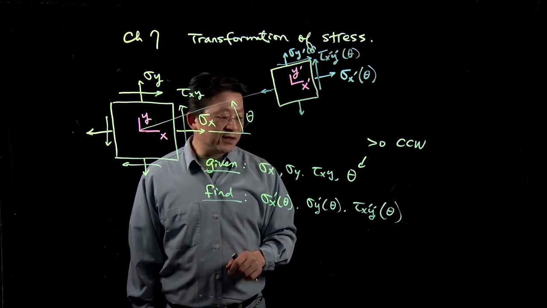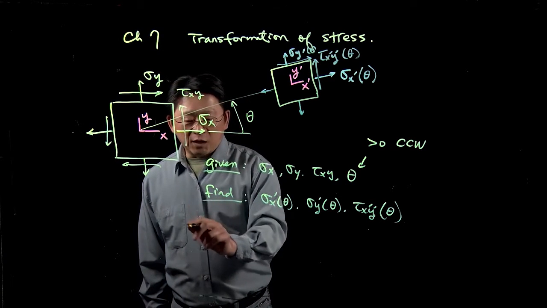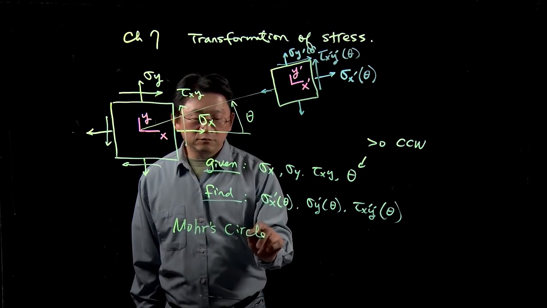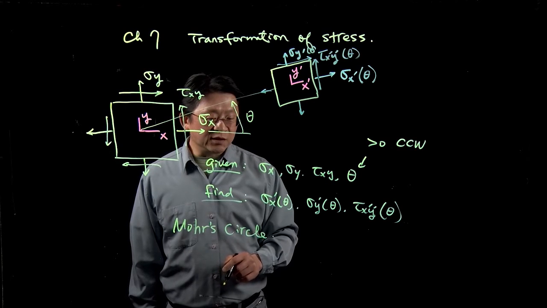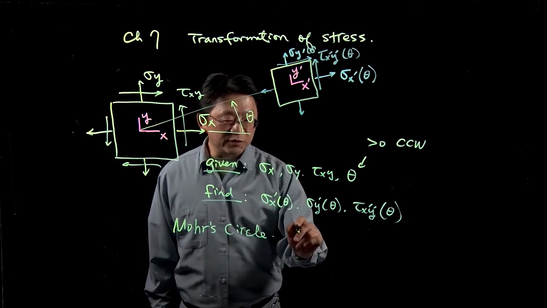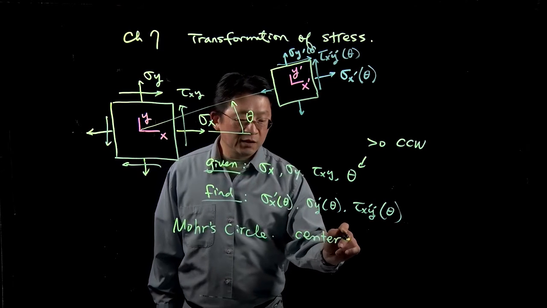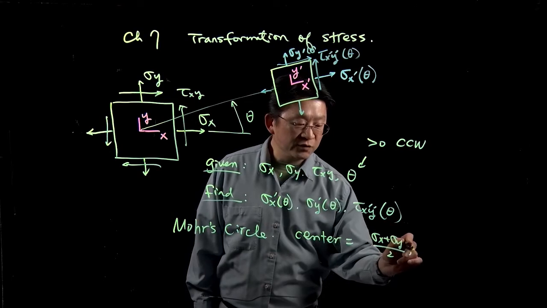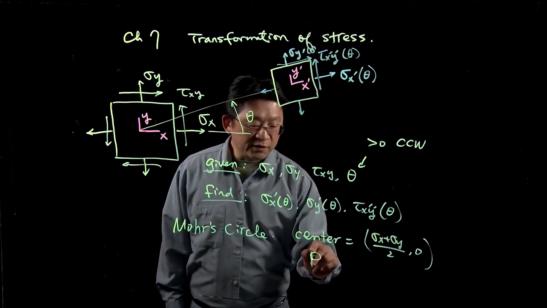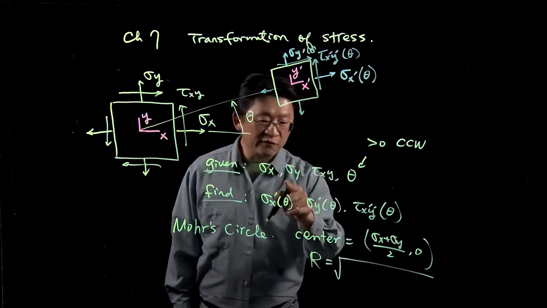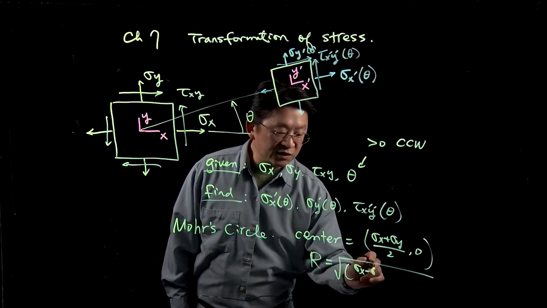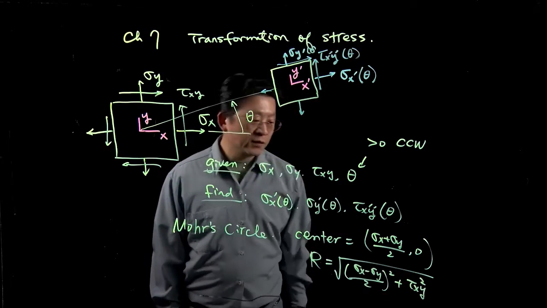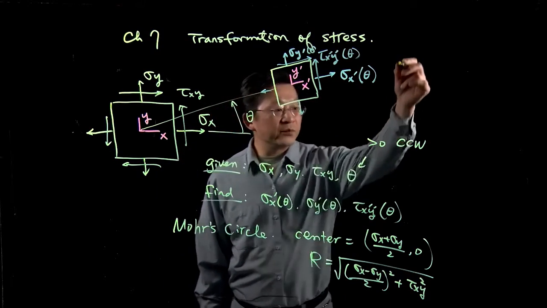The second technique we're going to learn is to use what we call the Mohr circle. Mohr's circle is basically built based upon the given information: the center is at (sigma x plus sigma y divided by 2, 0). And the radius of the Mohr circle is based upon the given information, that is the square root of ((sigma x minus sigma y) over 2) squared plus tau squared. So with the two pieces of information, we can build up the Mohr circle.